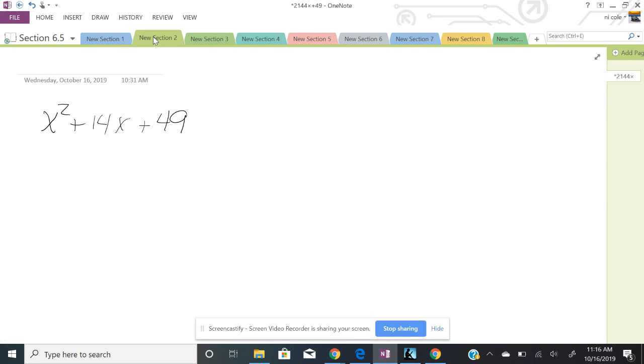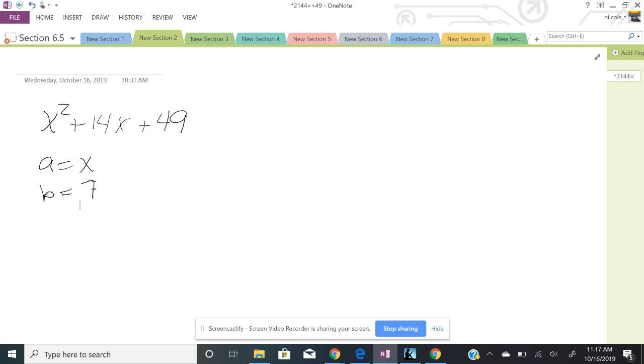So for example, if I look at this problem, there are a couple of things that would indicate that I would use one of those two rules on the previous slide. This right here is a perfect square, and this last guy here is a perfect square. What is a? If this is a squared, a would be x. And if this is b squared, what is b? Well, b would be 7.